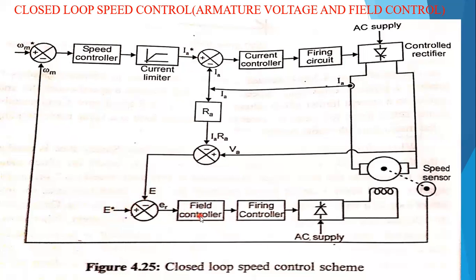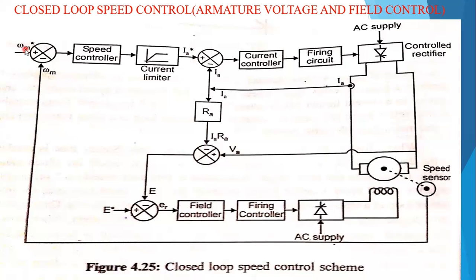Because of that, the field controller saturates for a large value of error, and the firing angle is set to alpha F equal to 0, giving the maximum value of field current for this motor.